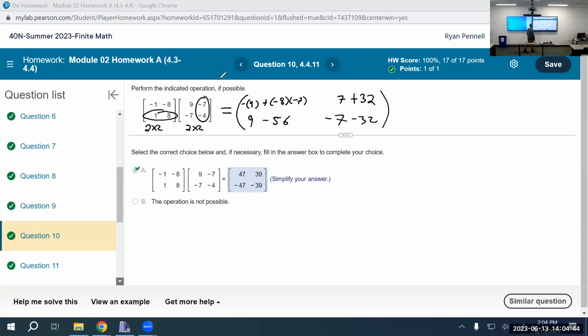There you have it, that's how to do it. I personally always write the dimensions of my matrices. If I get in the habit, then I always know where I'm going. The result is 47, 39, -47. There you go.